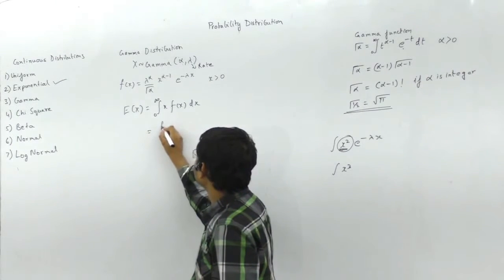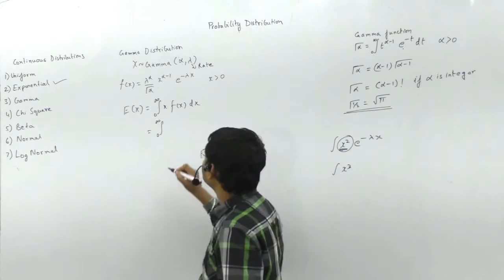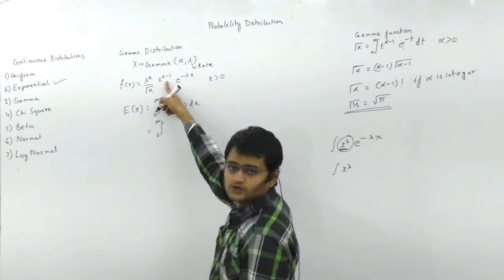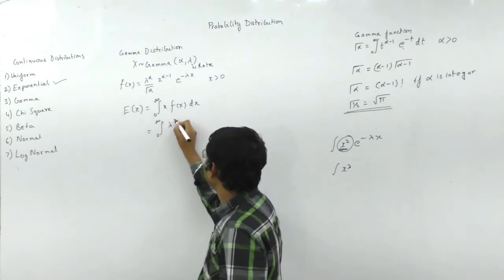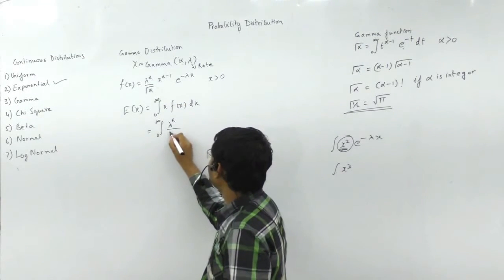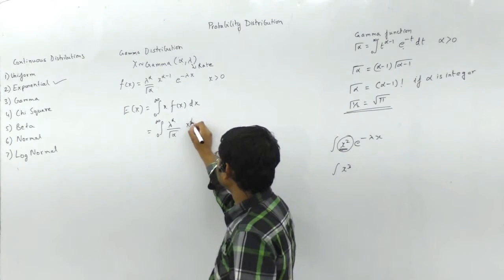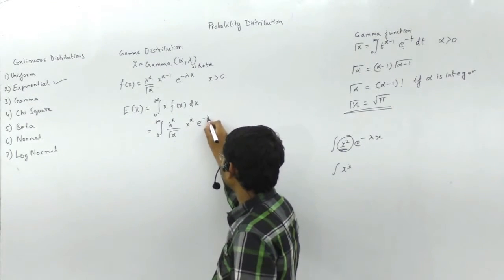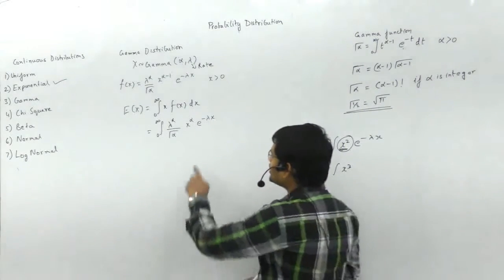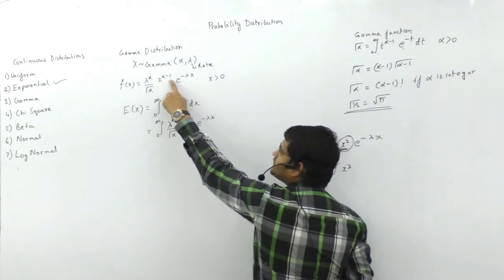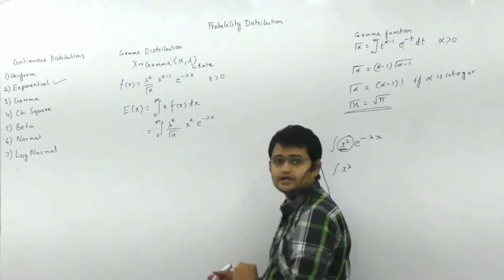That is going to be nothing but integration 0 to infinity, and then I'll multiply this x into this, and I'm going to get lambda raised to alpha by gamma alpha x raised to alpha e raised to minus lambda x. So I got x raised to alpha because I have multiplied x raised to alpha minus 1 into this particular x.